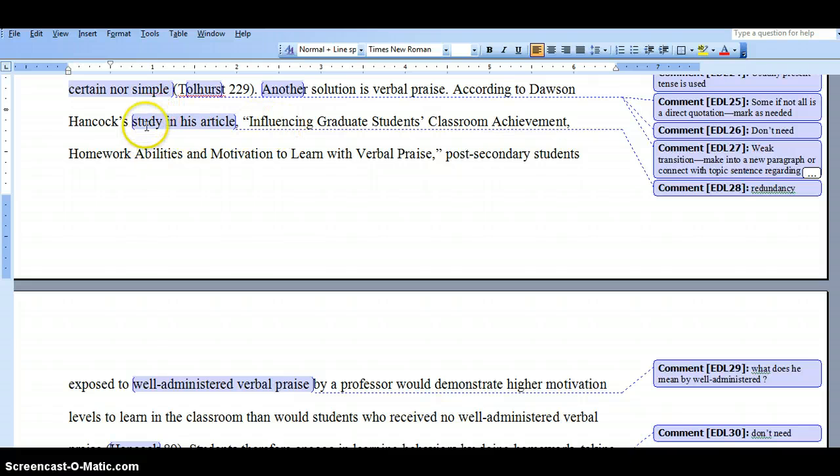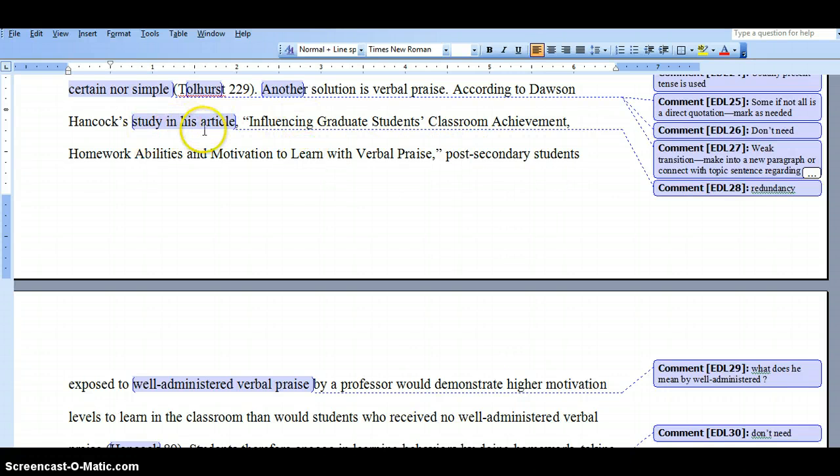Again, this is redundant. "According to Dawson's study in his article", or "according to Dawson Hancock, in his article," which would be in commas, "post-secondary students do this." Or "according to Dawson Hancock," you can leave all this out: "post-secondary students" and so on.